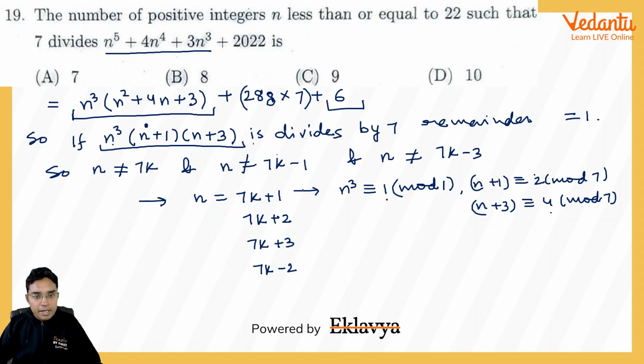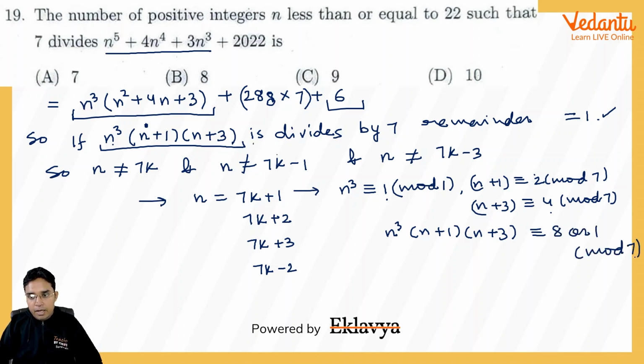That means in this case, definitely my remainder is going to be 1. Okay, I hope you are getting it. But I am saying n cube into n plus 1 into n plus 3, with the help of that property of congruence modulo, it will be 8, or you can say 1 mod 7. So when divided by 7, remainder will be 1. So this kind of number is definitely admissible.